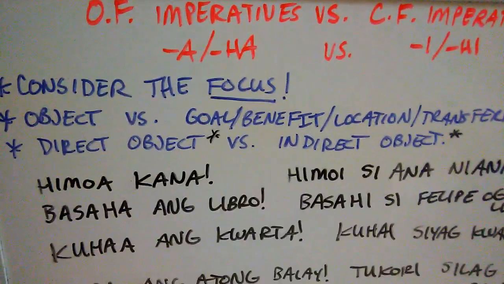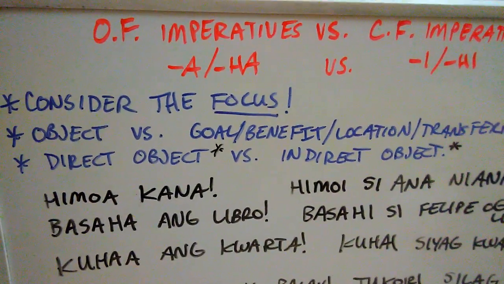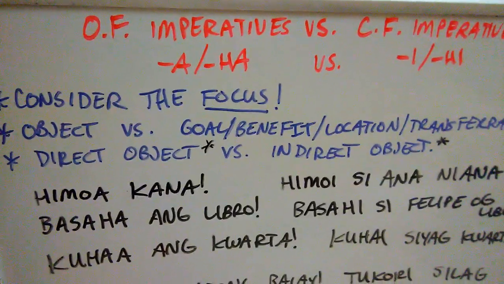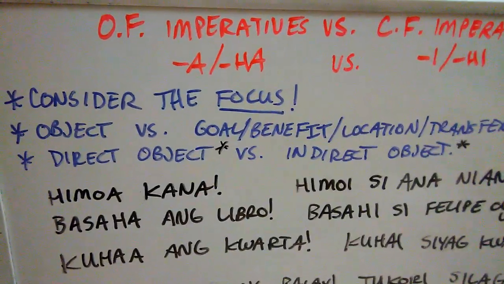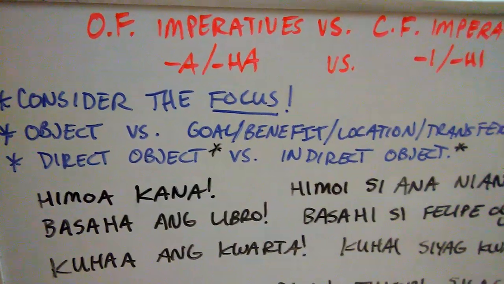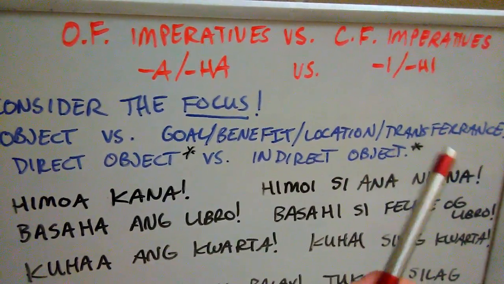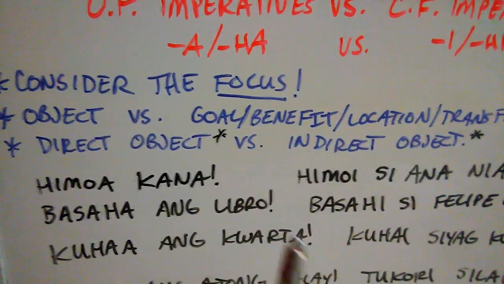So if you have a sentence, consider what the focus is going to be on, okay? Whether it's going to be the object that's the focus, or the transference, or the goal, or the benefit, or the location of the focus, okay? And that's what we have here, whether it's the object versus the goal, benefit, location, or the transference of the action.